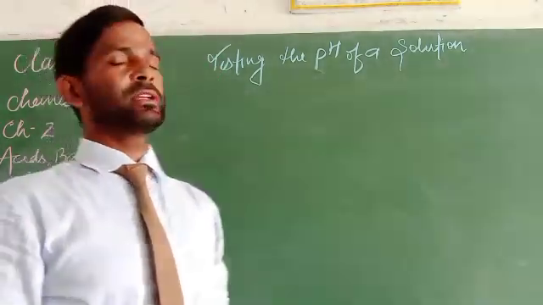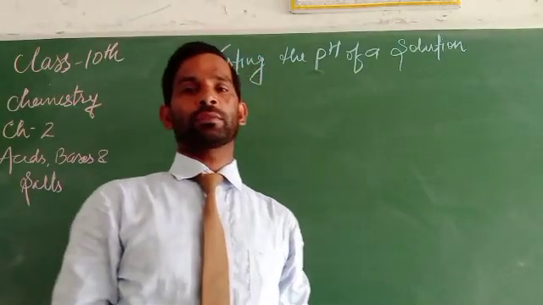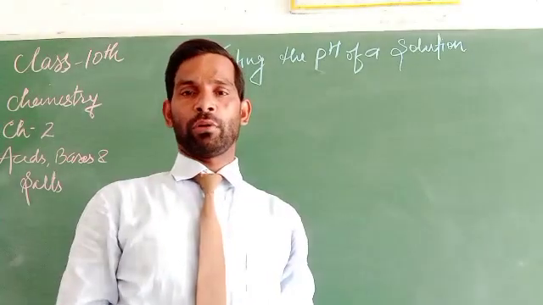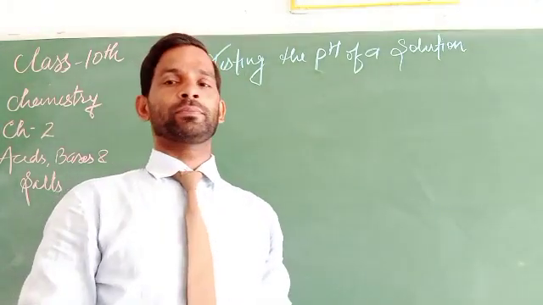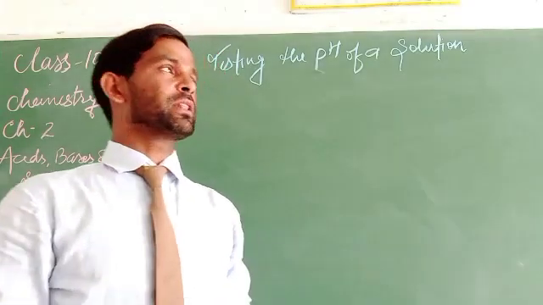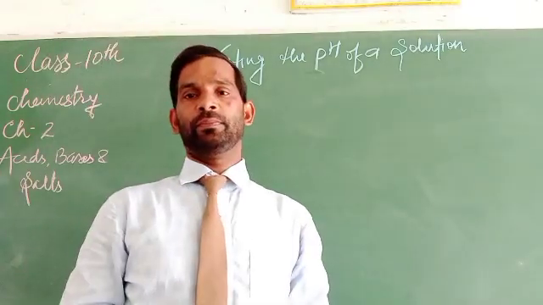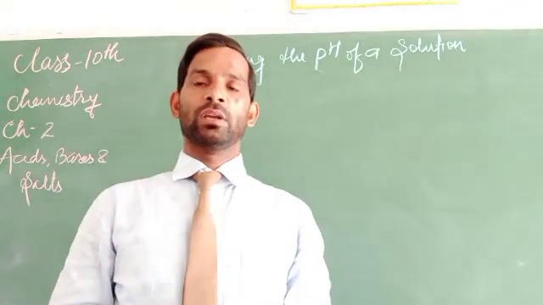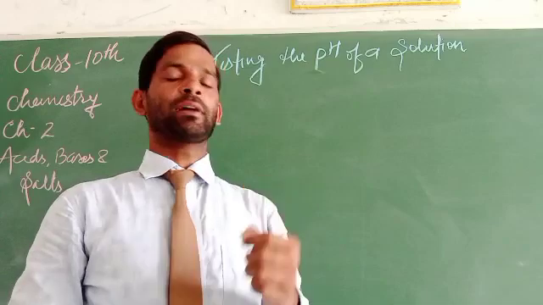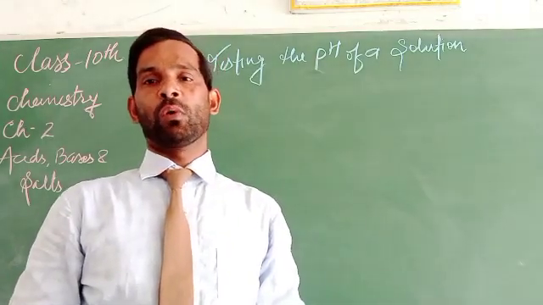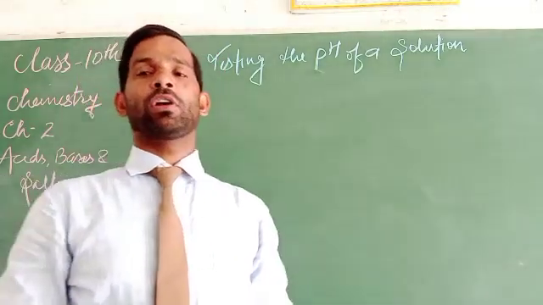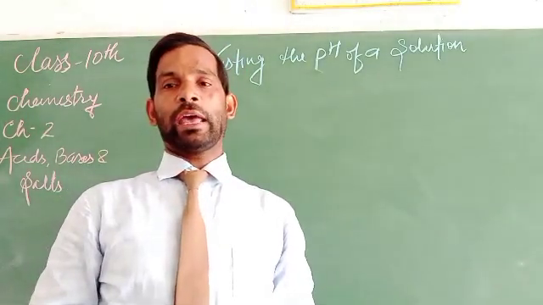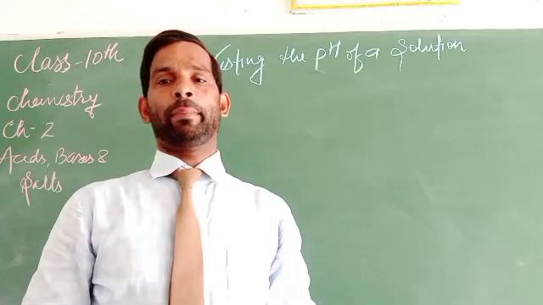After completing this second solution, we add some amount of sodium chloride, that is common salt. When the common salt is added to the test tube with the help of a spatula, we also add 2 or 3 drops of water, and by dissolving it in the test tube, a color appears.